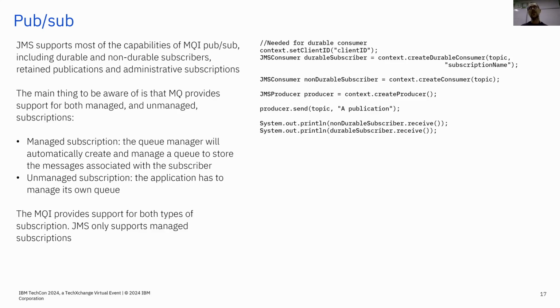And I'm pleased to say that the comparison between MQI pub sub and JMS pub sub is quite a good one. There's a good level of broad equivalence. So durable and non-durable subscribers, you get both of those regardless of MQI versus JMS. Retained publications exist in both cases, and administrative subscriptions can also be used with JMS to hide pub sub if you want to.